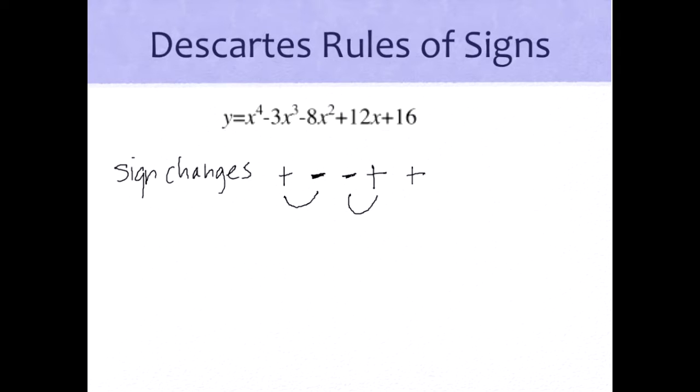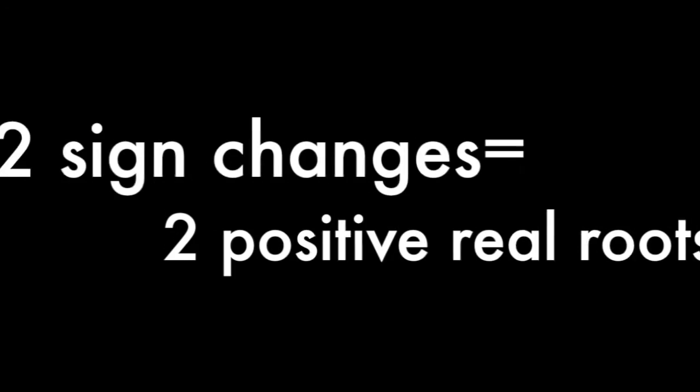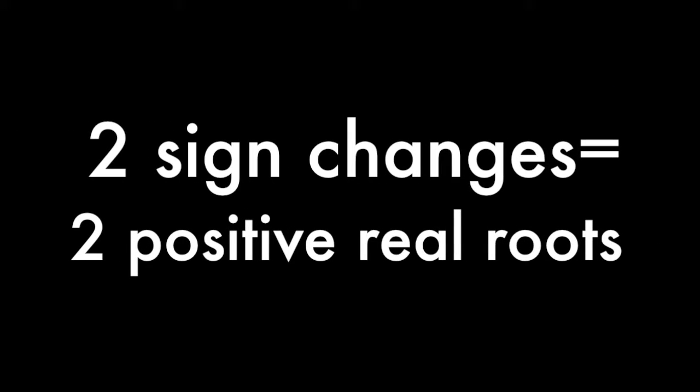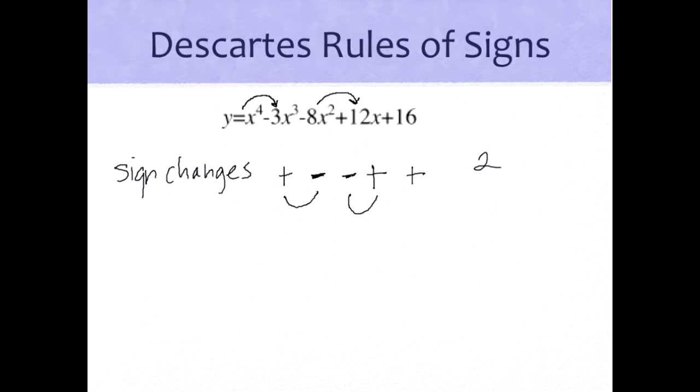So the only two places where I have a sign change are here to here and then here to here. That's 2 sign changes. Two sign changes tells me that there are going to be 2 positive roots.